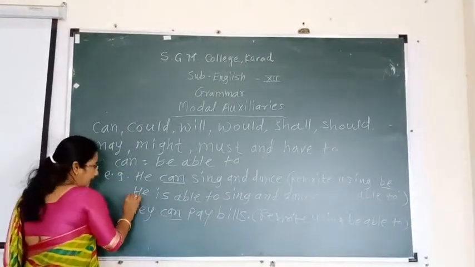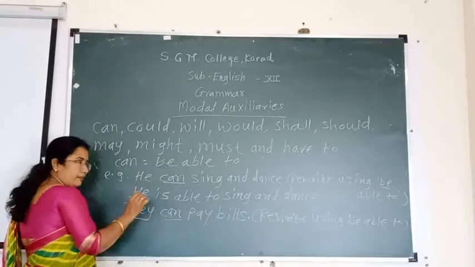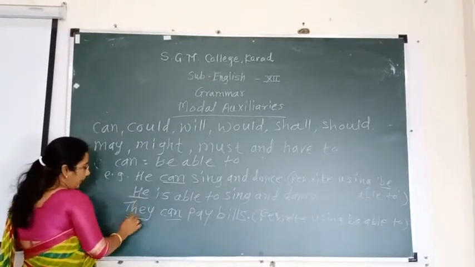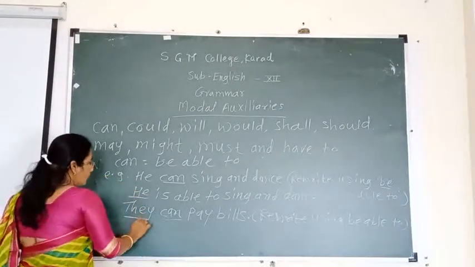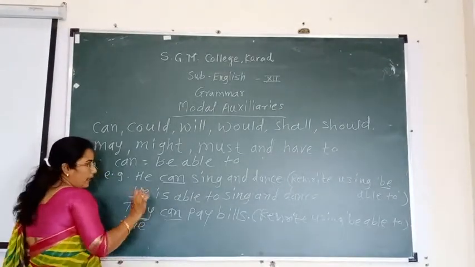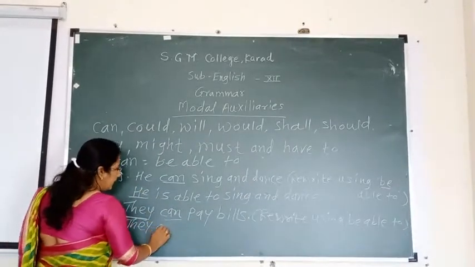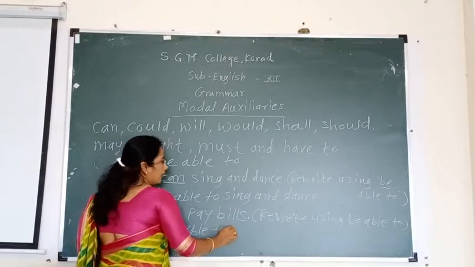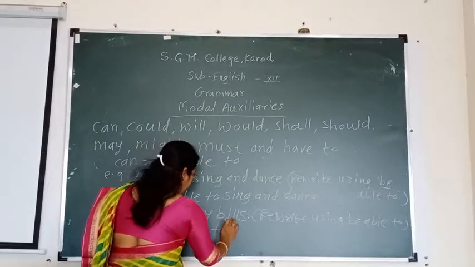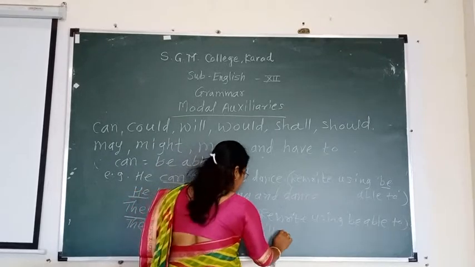In the previous example the subject was singular, and here in the next example the subject is plural. So the helping verb of to be is also plural. They are able to pay bills.